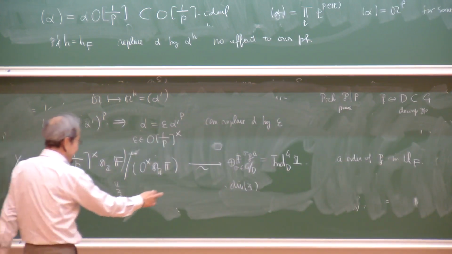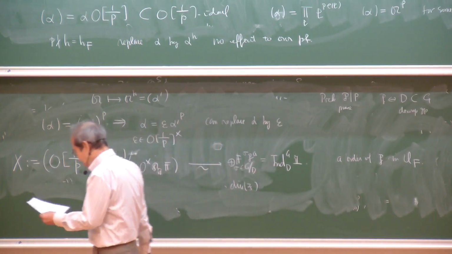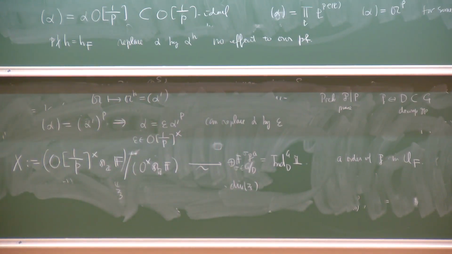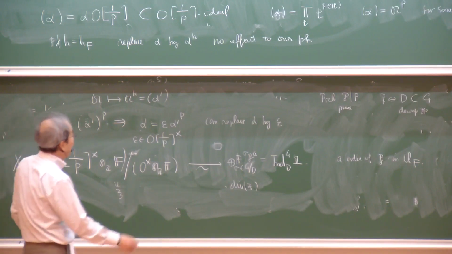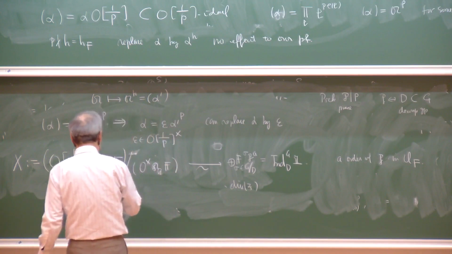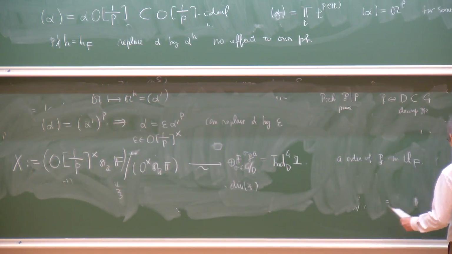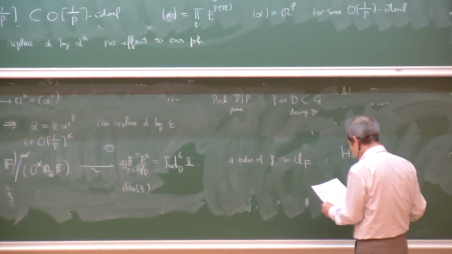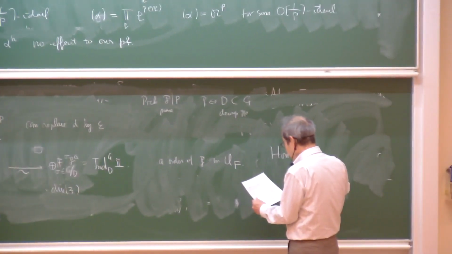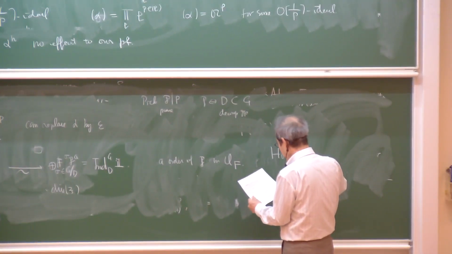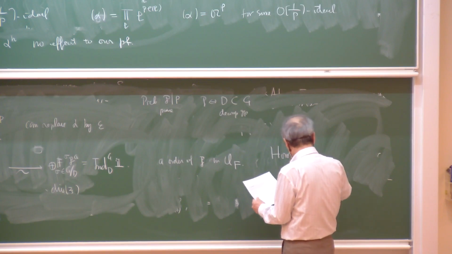Well, anyway, you get an induced representation of one. So I need to, so my Galois module I'm looking at is Hom of add.